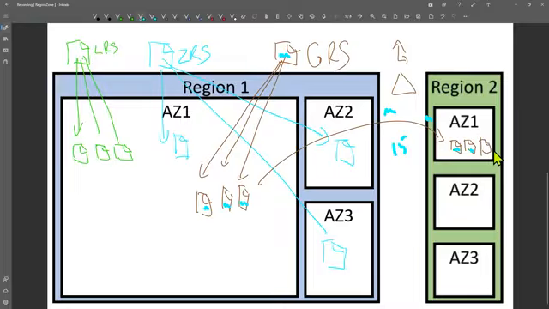So these are some of the examples that they have. I have a version of GRS that goes to RA-GRS, or read access geo-redundant, which makes this other copy read accessible, but know that you want to make sure that you're not reading a file that is important. If it's changing frequently, it may be out of date on the second copy that you're working with. So there are all sorts of reasons behind this.